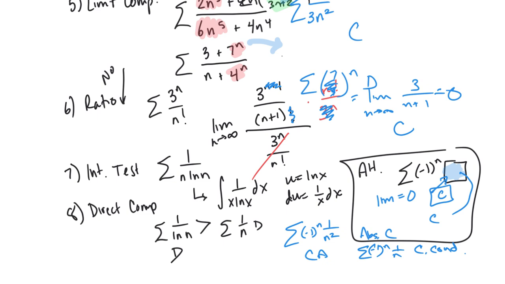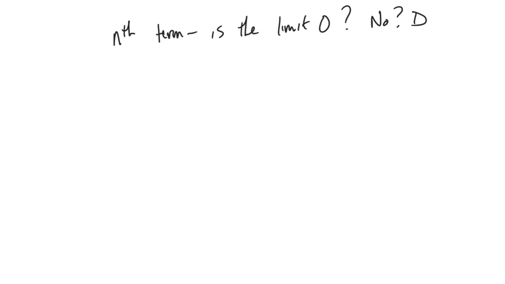So those are the order that I would kind of run through these. So nth term, just is the limit 0? No? You're done. It diverges.